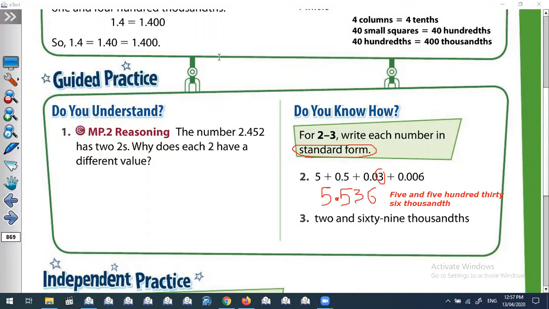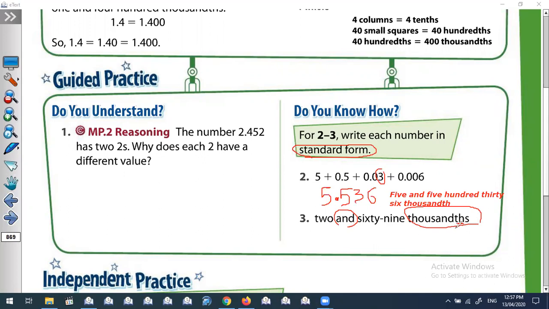Number 3. Here we have 2 and 69 thousandths. We have TH, so we have decimal point.